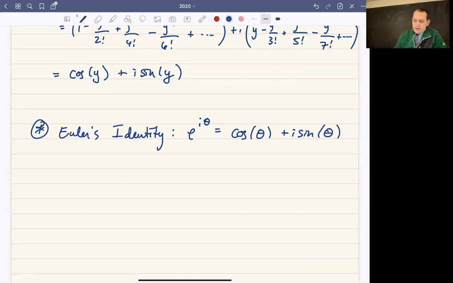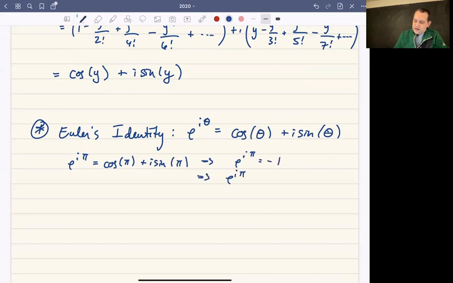If you were to think about e to the i pi, this is one example that people get very excited about, but e to the i pi would just be cosine of pi plus i sine of pi. And cosine of pi is -1, sine of pi is 0. So this tells you that e to the i pi is -1, which is pretty in and of itself.